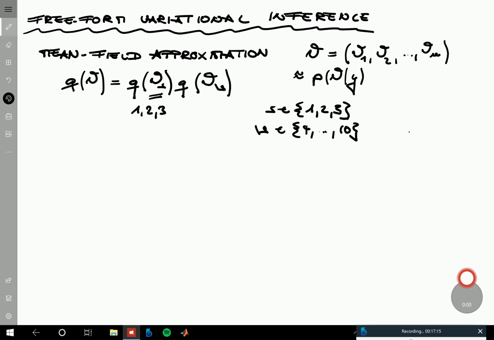We just need this to get the whole thing going. It's not something horribly complex. It just means that there's some factorization assumption in the variational distribution.